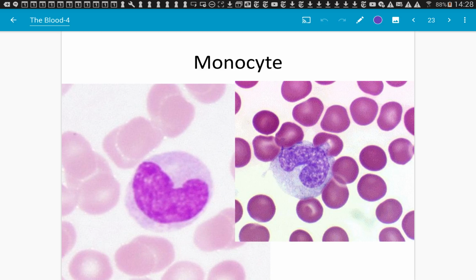Next is the monocyte. And the monocyte has this really large nucleus. And the nucleus kind of has a U shape to it. Looking at the picture, would you say it is a granulocyte or an agranulocyte? Do you see granules in there?